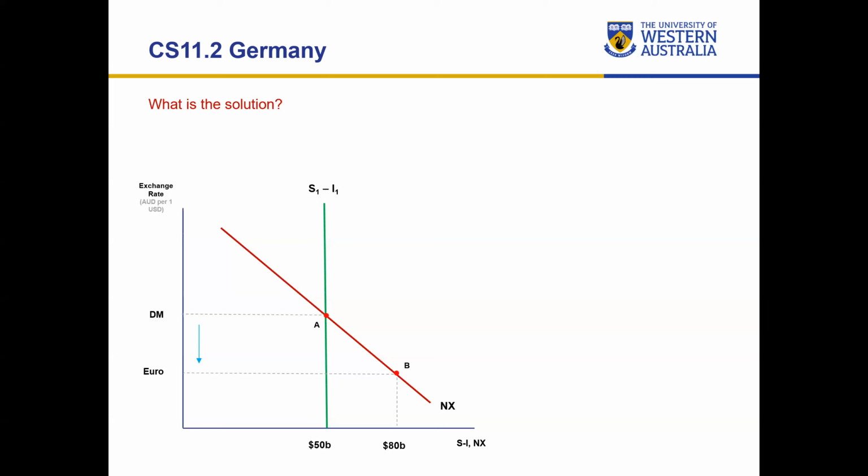Hopefully you've had a little bit of time to think about it. Let's just consider increasing imports. How are you going to do that? You're going to have to go along to German households and German businesses and basically force them to buy more imports than they would naturally purchase. So what are you going to do?